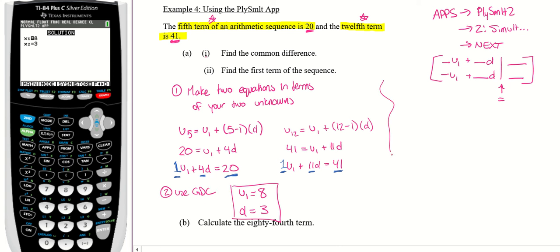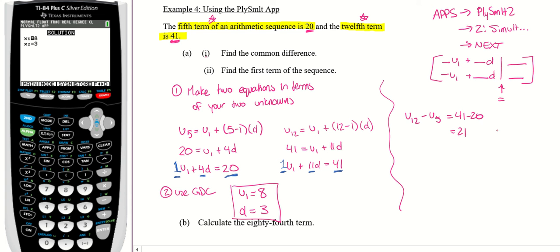There is an alternative, and that alternative is to find the common difference by thinking to yourself, okay, the value difference between U12 and U5 is 41 minus 20, which is 21.